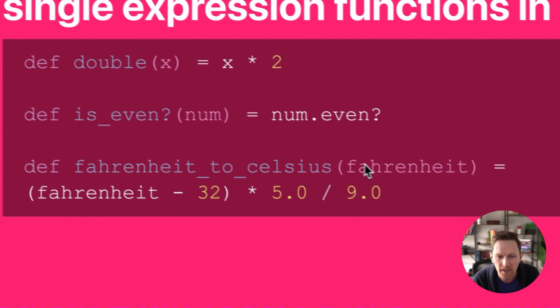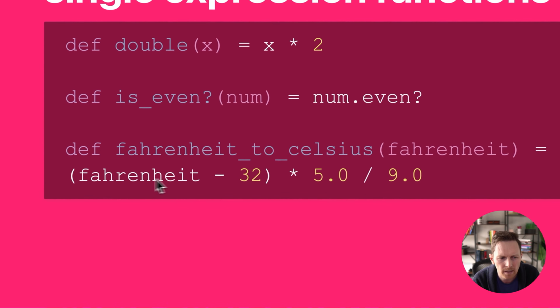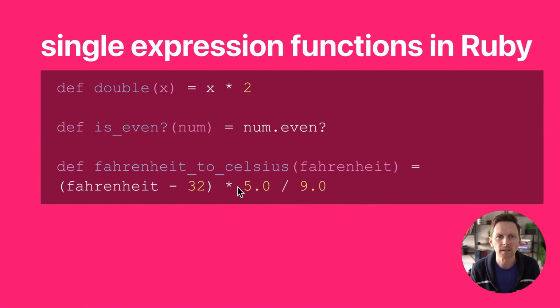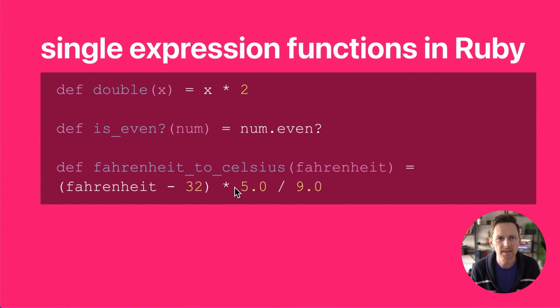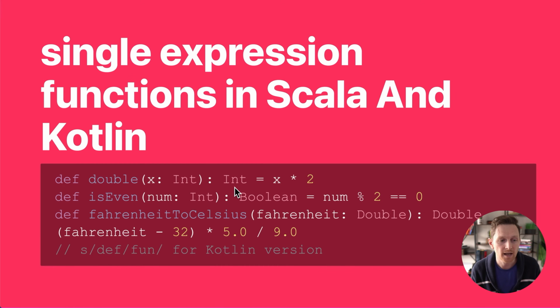Same for this Fahrenheit to Celsius, which should all be on one line, but, word wrapping. All of these are expressions and we're just assigning them to a value. So it's nice, you can just drop these braces. If you're just doing a single expression, you can just assign it directly, right? You don't need the block syntax. You could do the same thing in Scala, in Kotlin.